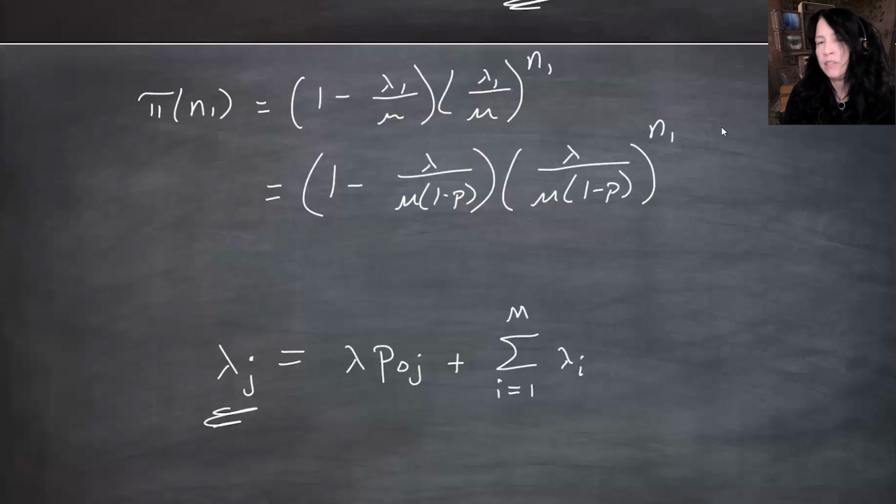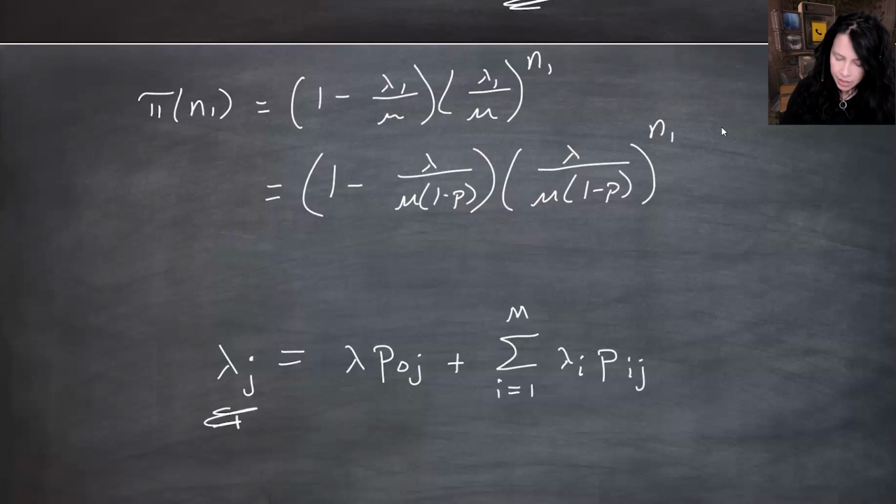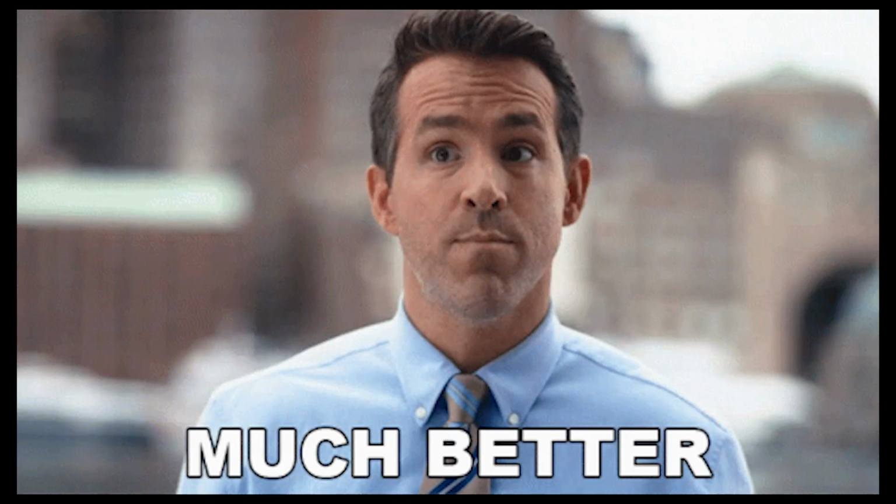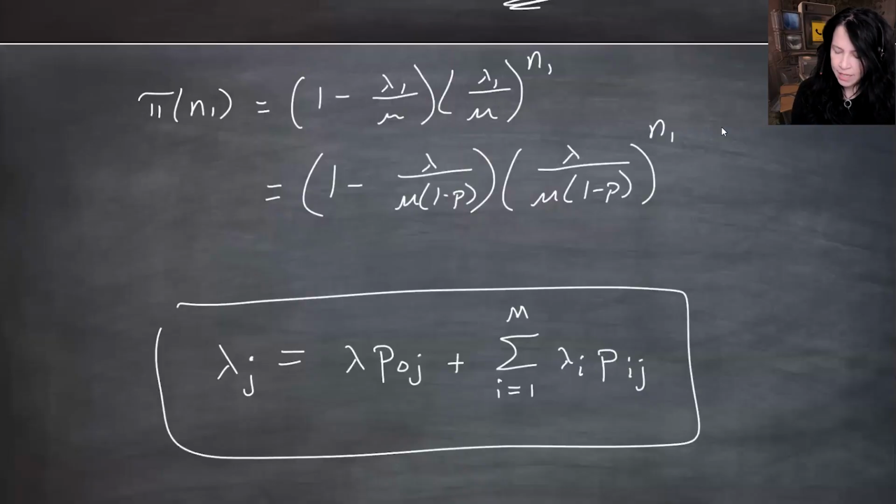The rate of leaving server I times the probability of going from I to J. This is exactly what I wrote before, but before I had I starting from 0. But maybe this is more clear. So you can really see the external arrivals and arrivals from coming back around.